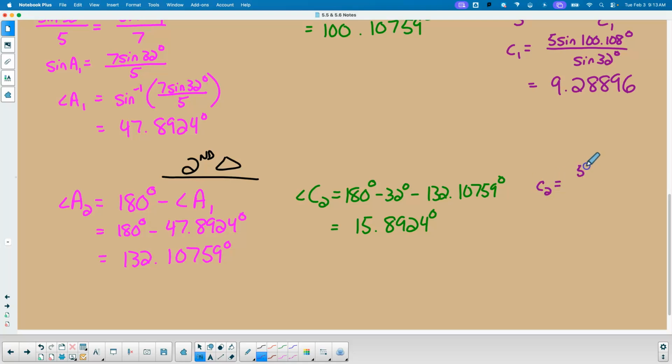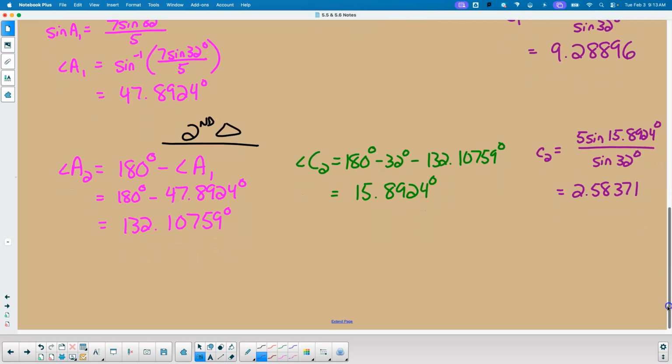So this is going to be 5 times the sine of my new angle C sub 2, 15.8924 degrees, divided by the sine of 32 degrees. So side C sub 2 then is 2.58371. Agree with me on that? Okay.